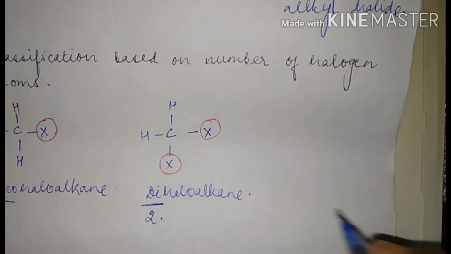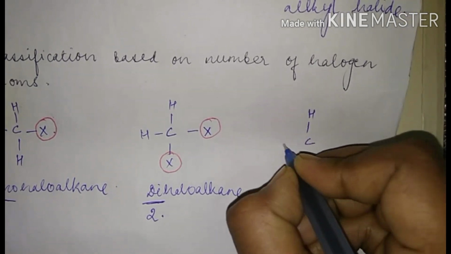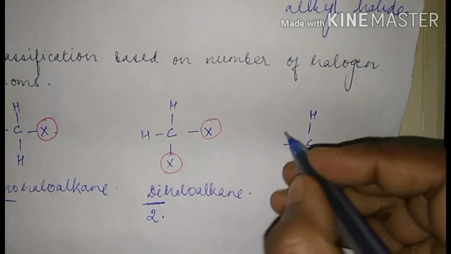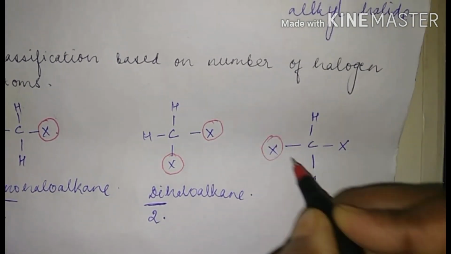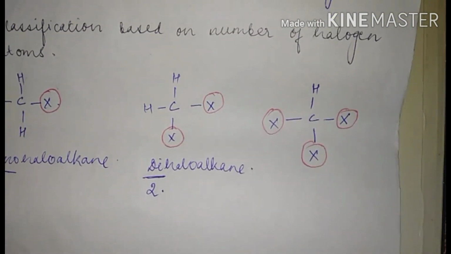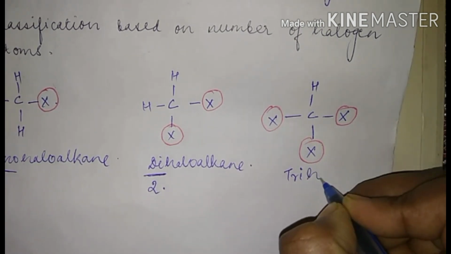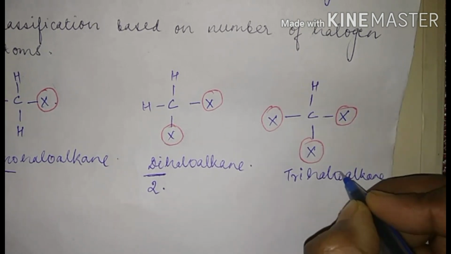Now, taking example of the third molecule, we have C, H, X, X, X. There are three halogen groups present in this molecule, so it is called trihaloalkane.